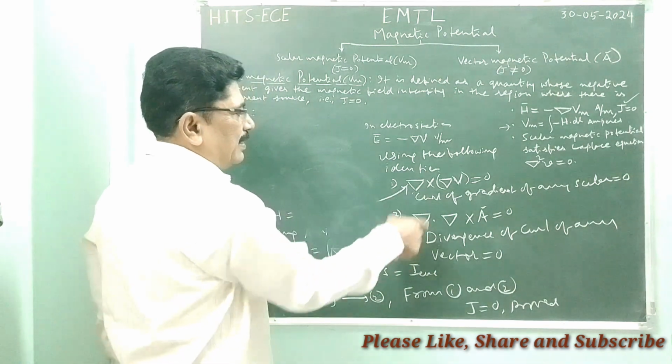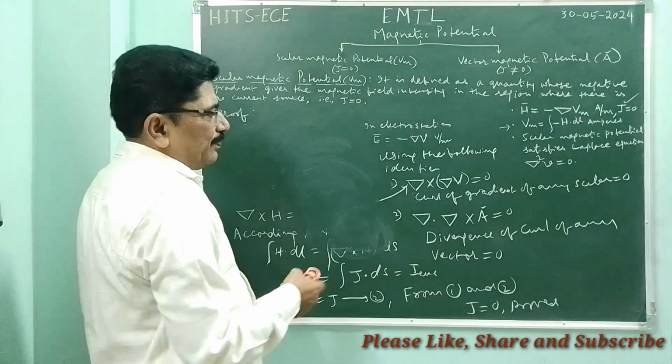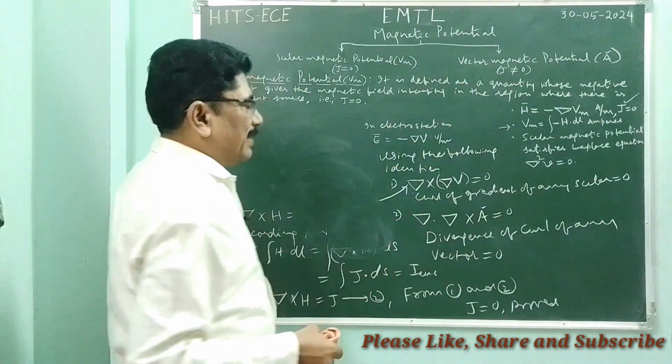Now remember these two identities. This identity is used in scalar magnetic potential, and this one is used in vector magnetic potential.